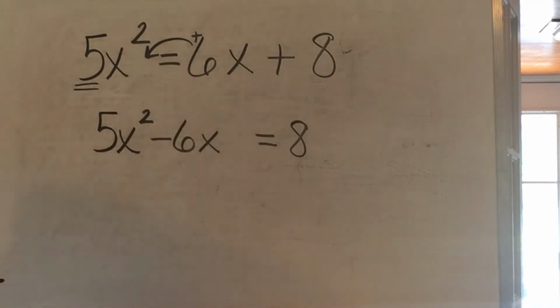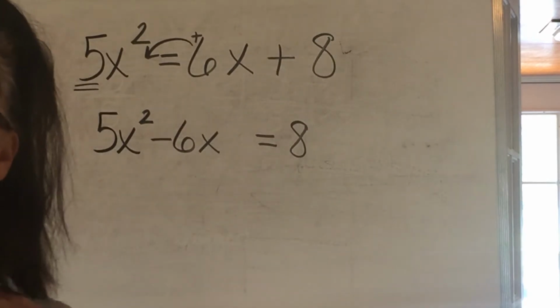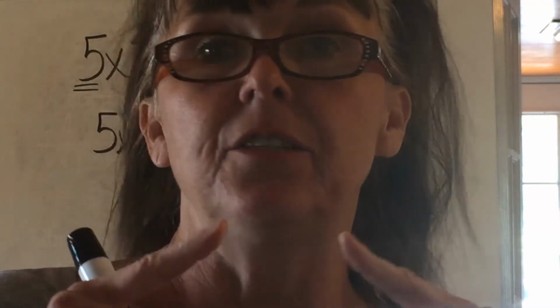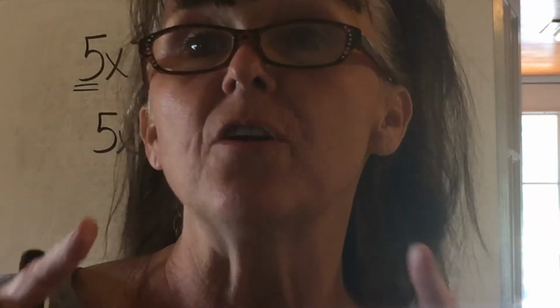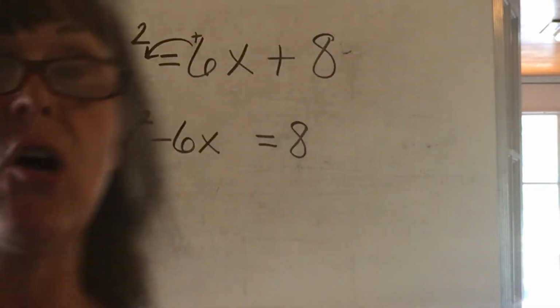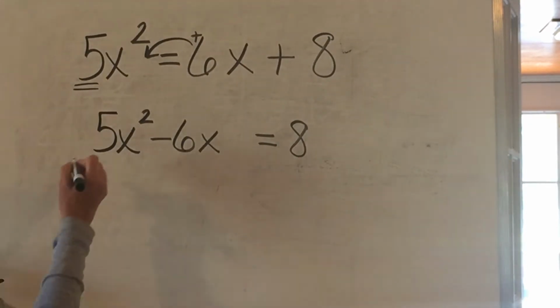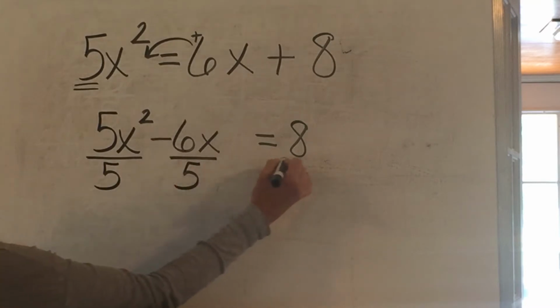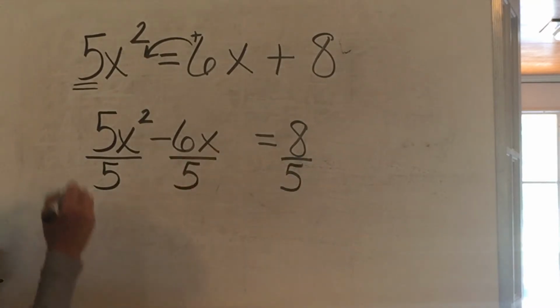Now I'm going to go back and get my invisible 1 in front of x squared. How do you do that? Divide by whatever the number is. So that number is a positive 5. So you're going to divide by a positive 5 all the way across.